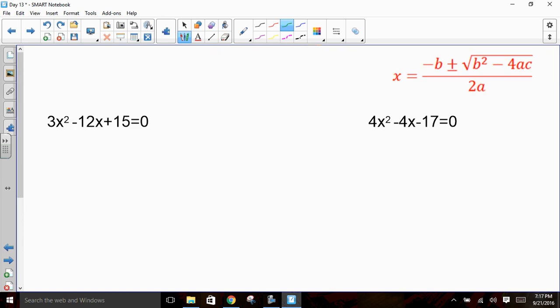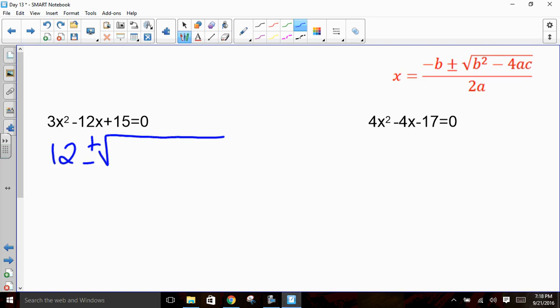All right, let's use our formula again. So we have the opposite of b, so in this case it's negative, so a negative negative turns positive, so I have 12. Man, I'm having problems with my computer today. So I have positive 12 plus or minus the square root of 12 squared. Okay, some of this stuff I'm not going to write every single step down.